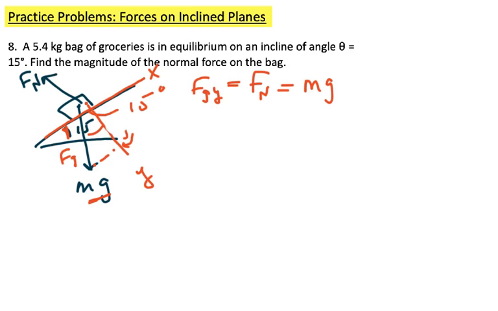I'm going to erase that because it makes it kind of messy. So we have mg times cosine of theta. So put the numbers in.